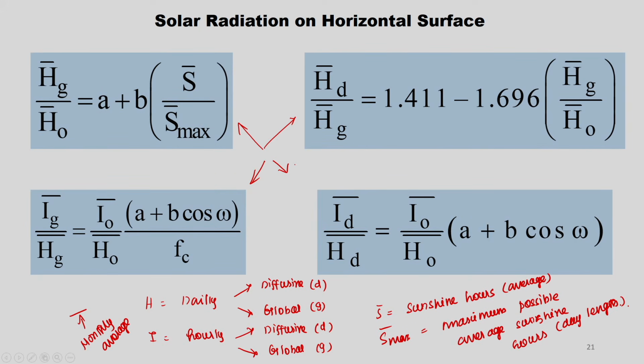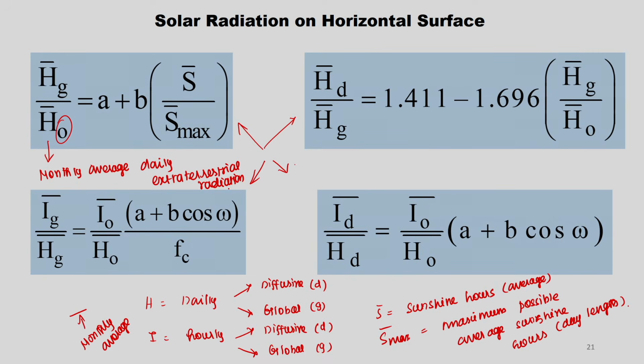Apart from that, this H naught is nothing but the monthly average daily extraterrestrial radiation.